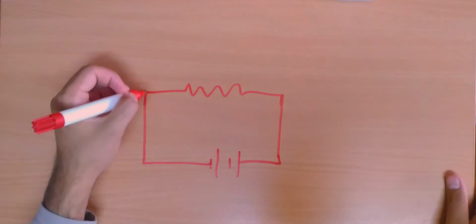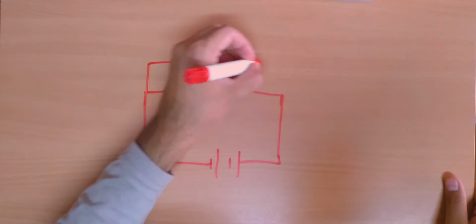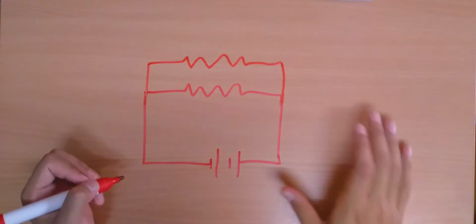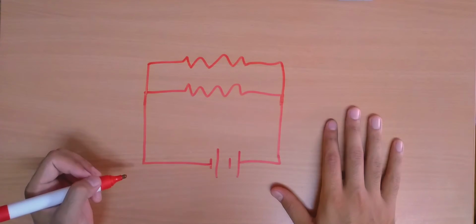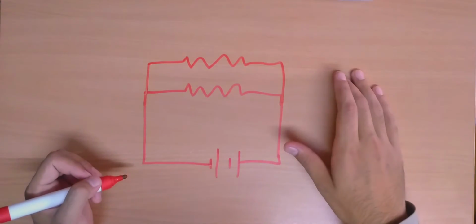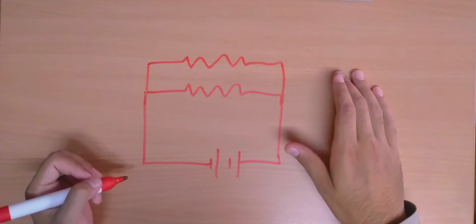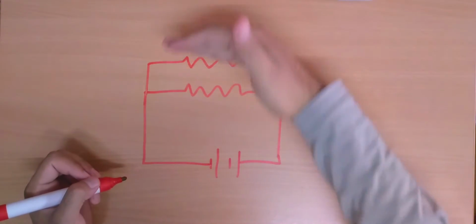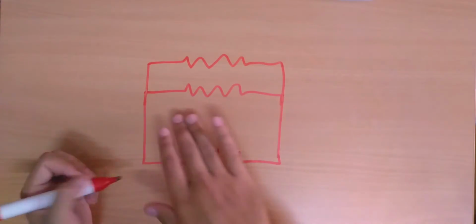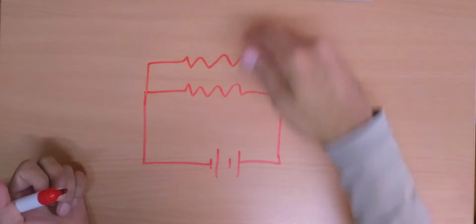Now let's say we just add another resistor here of any resistance. Now what we say is that these two resistors are in a parallel connection, which means they are not in series but they are parallel. They're not one after the other, they're in parallel connection.